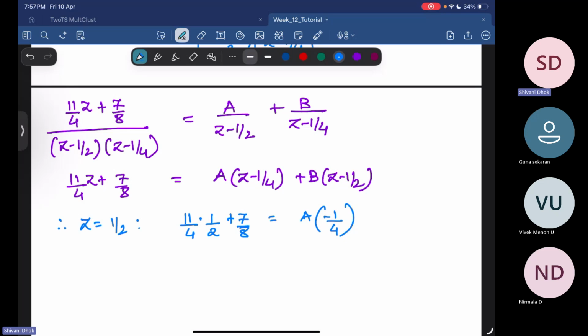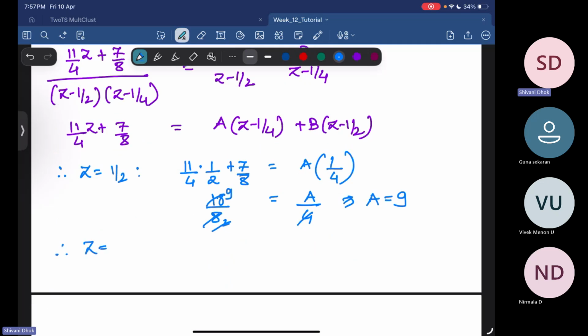So this is 18 by 8, which is equal to A by 4. So this just gives me A is equal to 9.